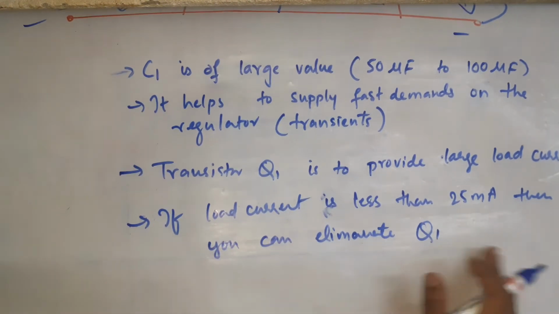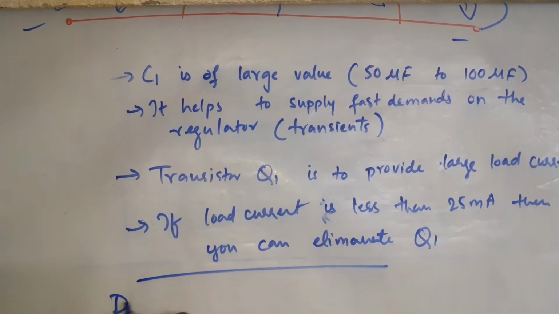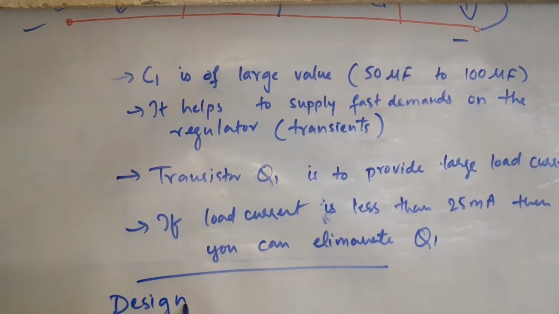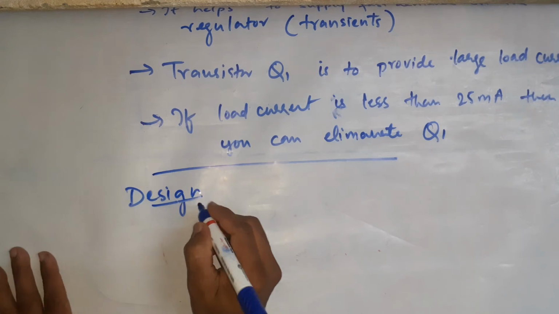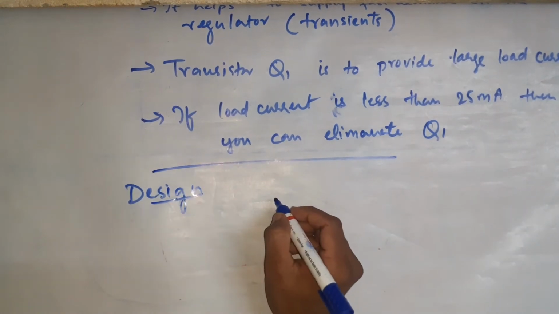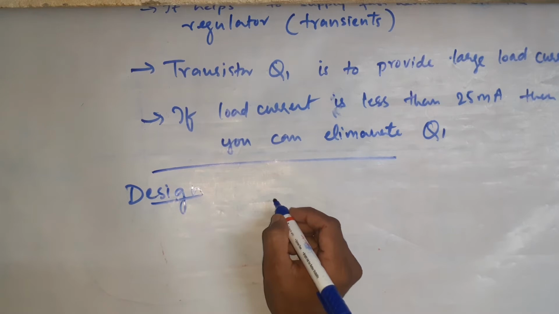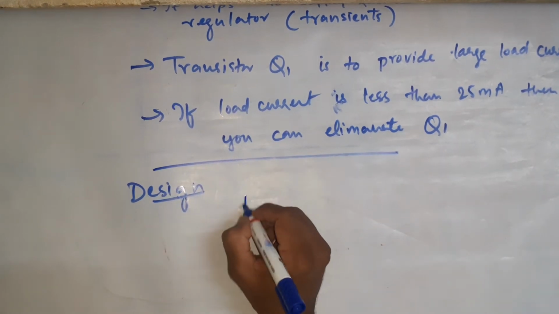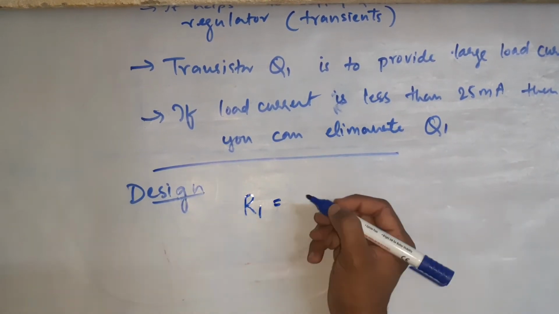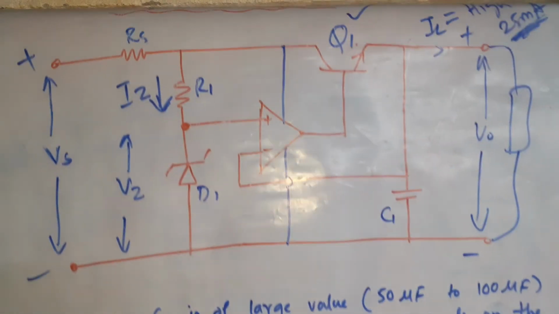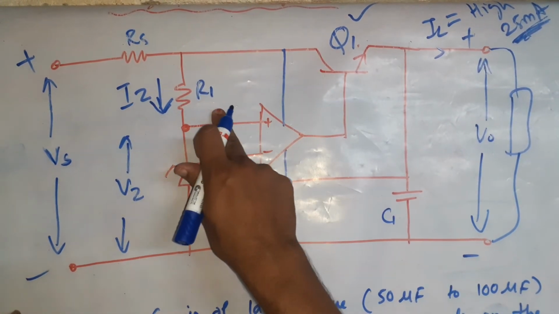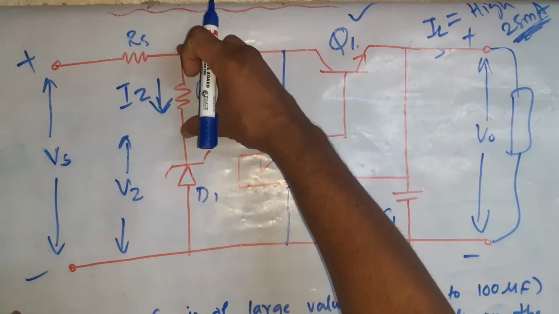Now let me write a design for this. We know how to find the value of resistor R1. The current flowing is IZ. What is the voltage here?